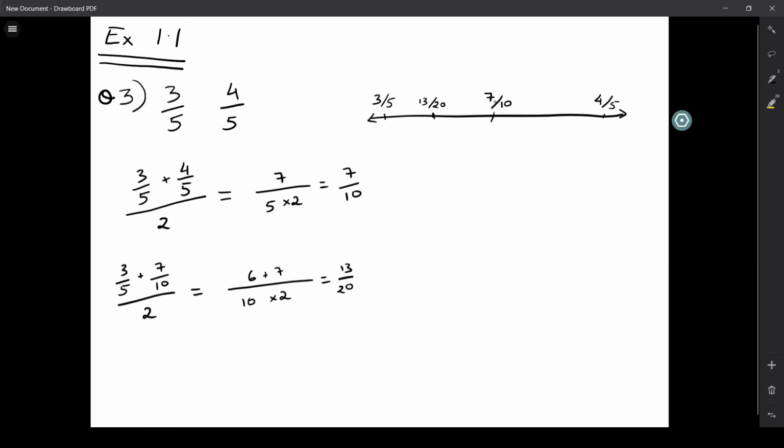Let's also take the midpoint between 7 by 10 and 4 by 5 by doing the same thing again. I'll add these two numbers divided by 2.